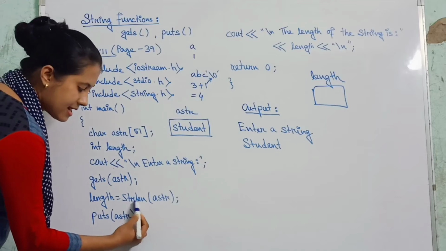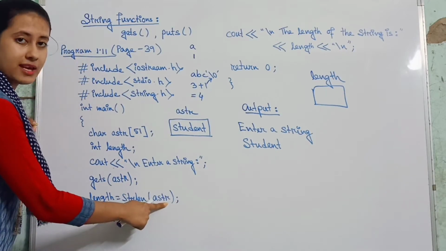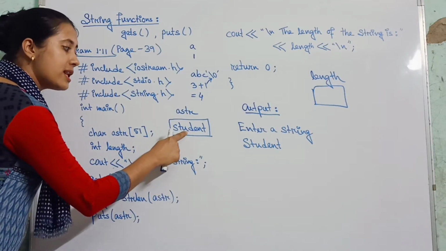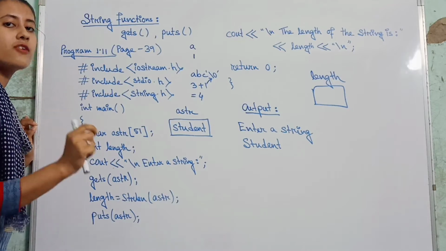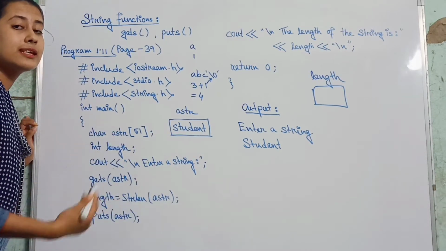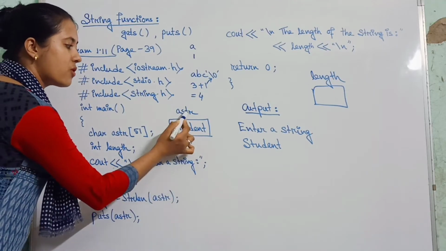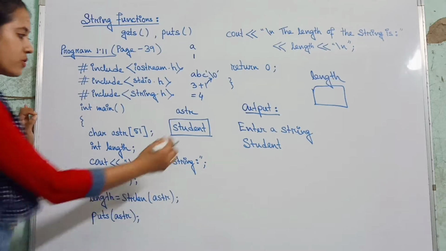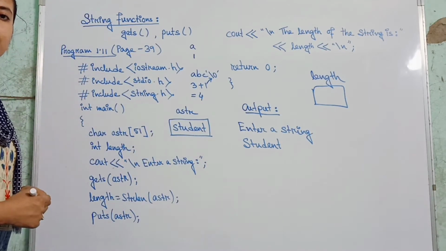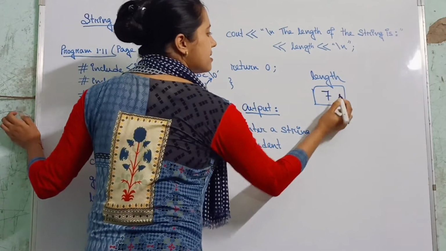So strlen means it will calculate the length of the string stored inside the astr variable. This is the function strlen signifies. So let's count: 1, 2, 3, 4, 5, 6, 7. So what is the size? 7. So it will store the length as 7.